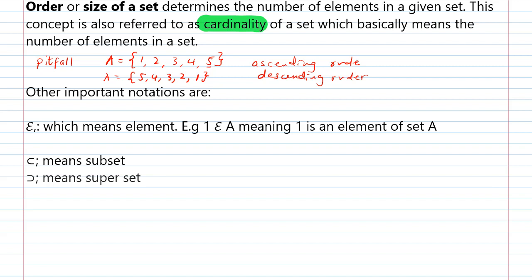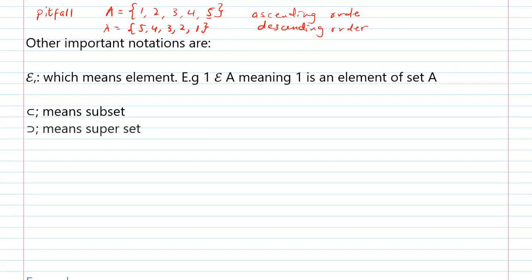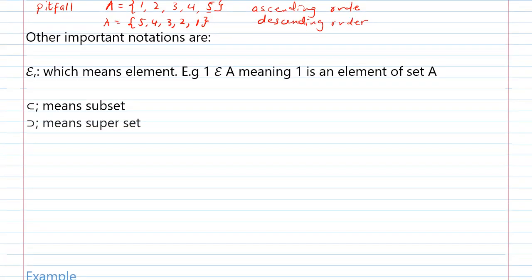Other important notations are, as we said, in set theory, there are so many notations. It's all about notations. You have to understand the notations before you can solve many questions. So the epsilon, which is also written in this way, means element.